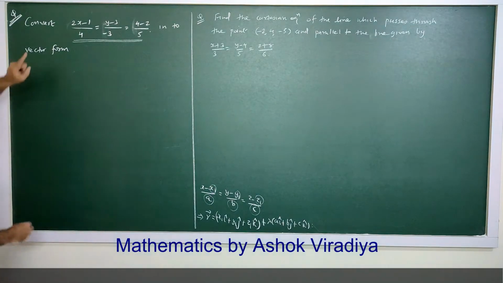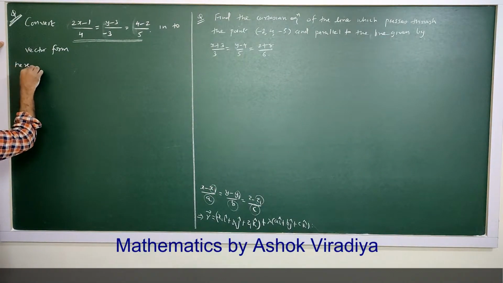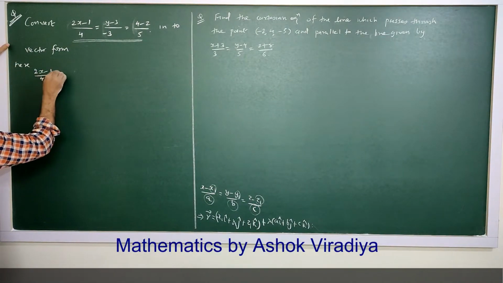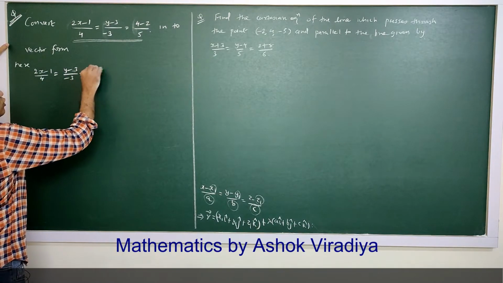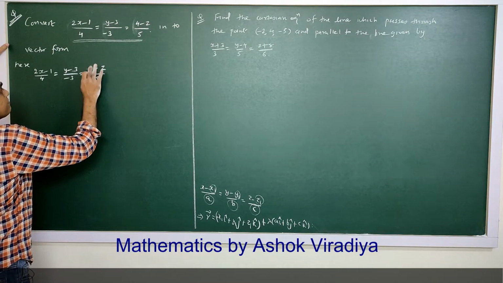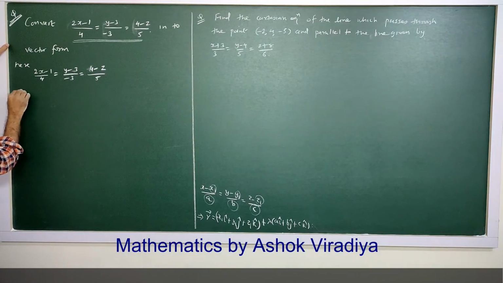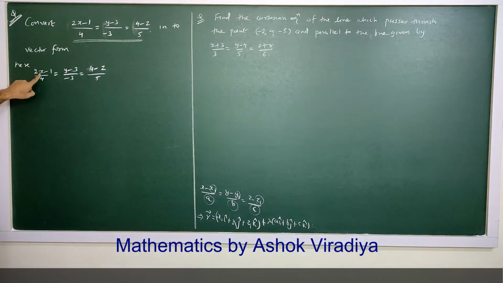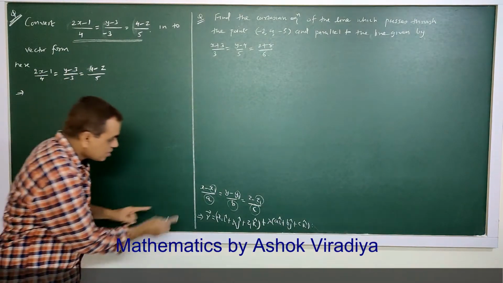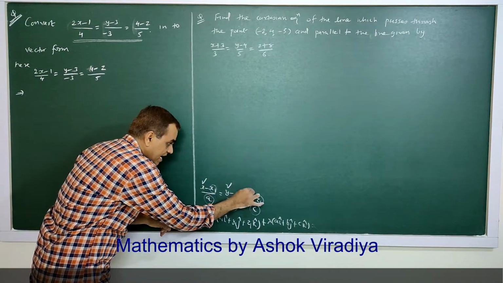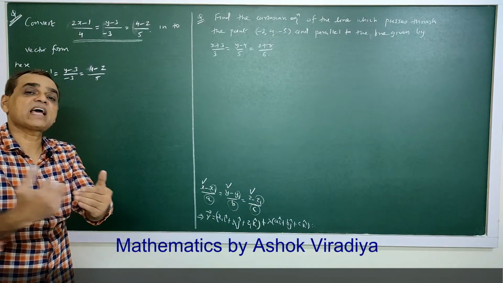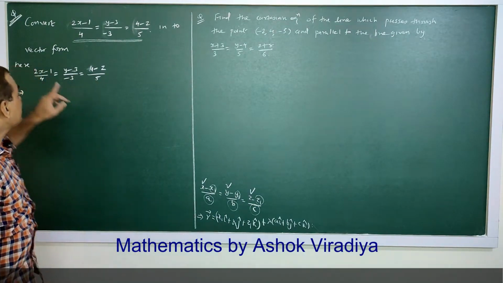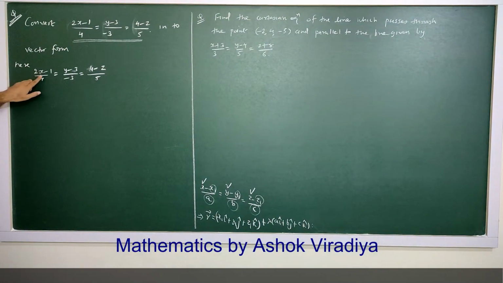Now say here, (2x minus 1) by 4 equal to (y minus 3) by minus 1 equal to (4 minus z) by 5. See, the coefficients of x, y, z must be 1, 1, 1. Means nothing should be with x, y and z. Here 2 is with x, so we should remove it.